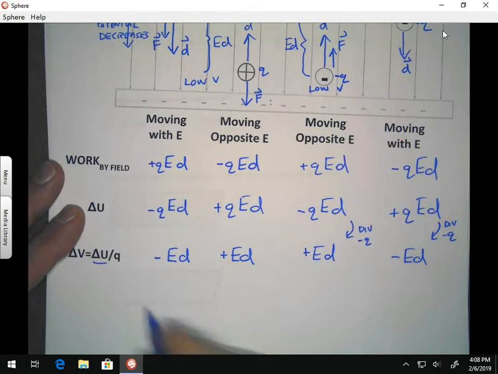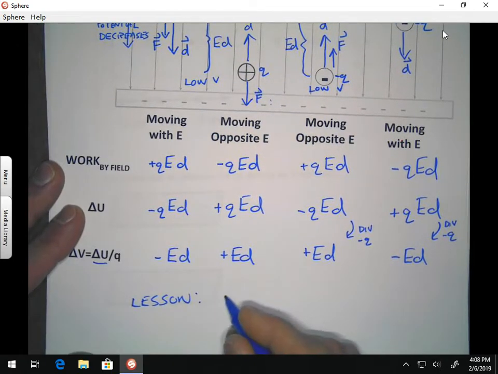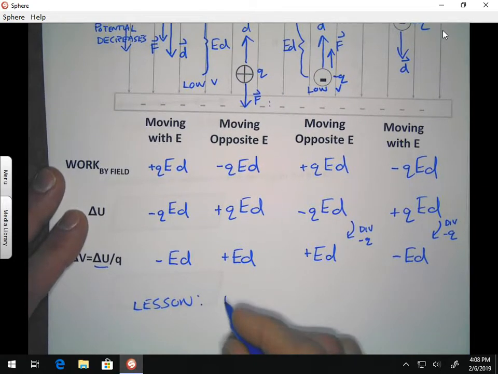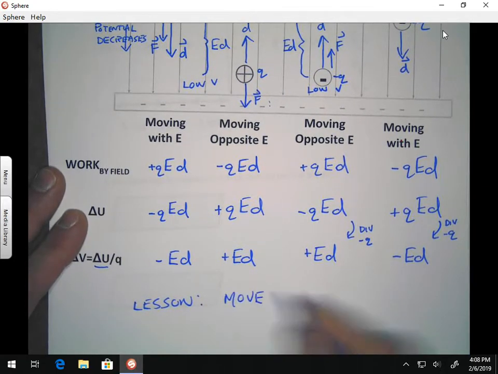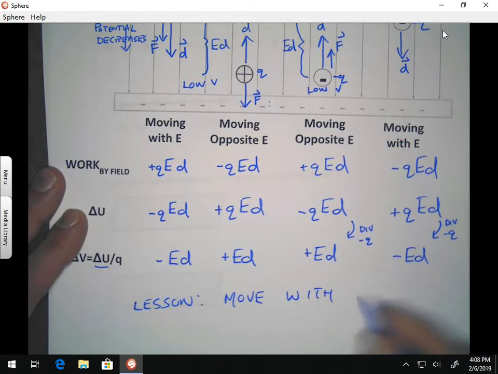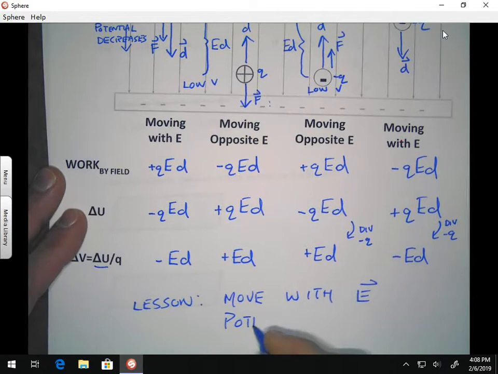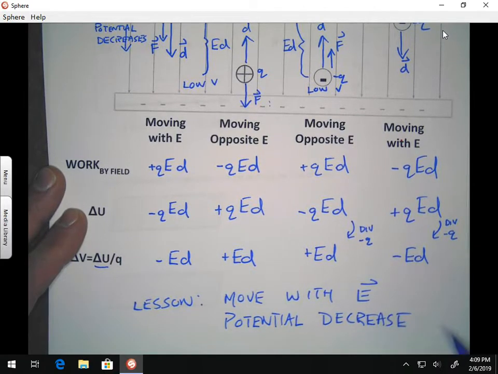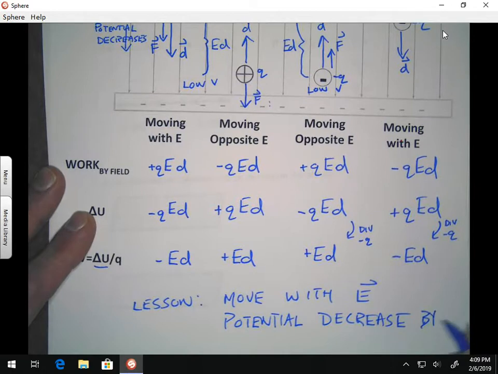So the big lesson, let's summarize, is that when you move with the direction of E, the potential will decrease by ED.